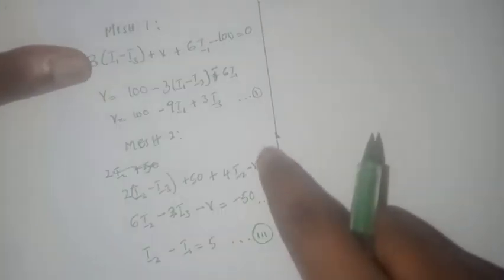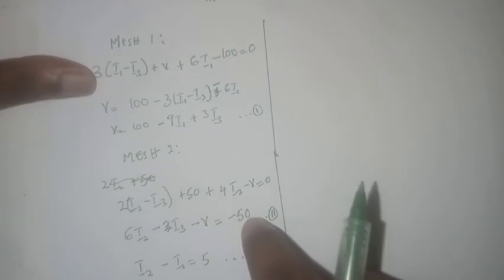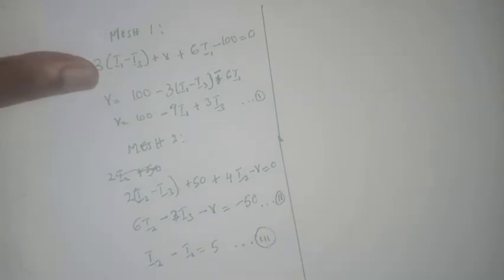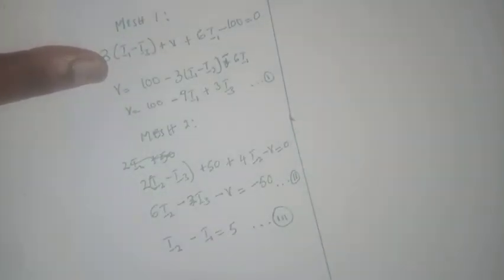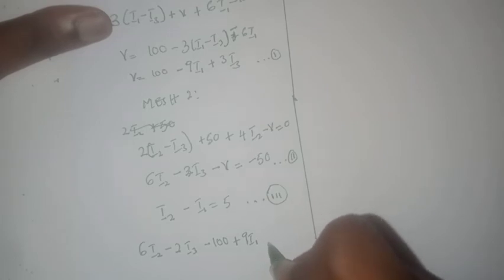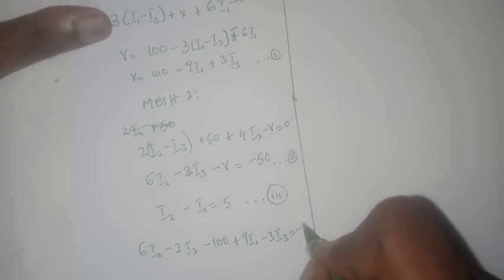Then we can go ahead and substitute equation 1 into equation 2. If we do that, we would have 6I2 minus 2I3 minus 100 plus 9I1 minus 3I3 equals minus 50.